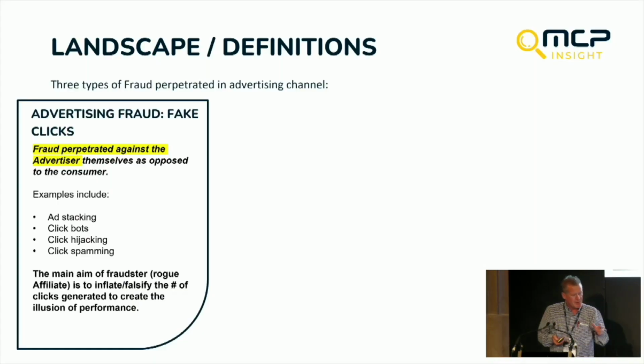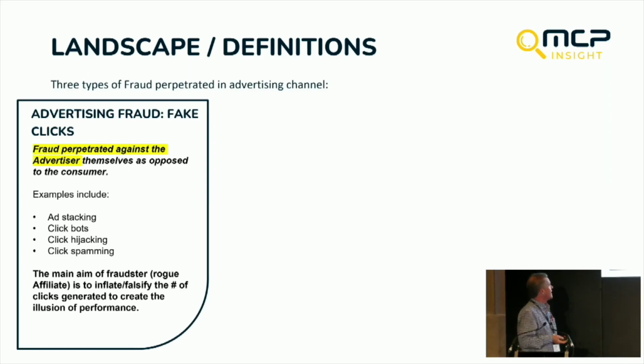So, there are three types of fraud in the advertising channel. The first one, and I'm not going to spend long on this, is perpetrated against the advertiser themselves, as opposed to the user. So mechanics like ad stacking, click bots, click hijacking, and click spamming.